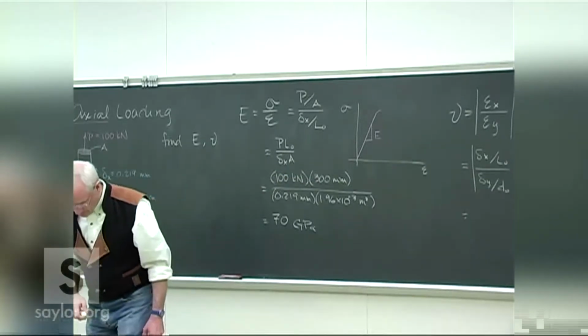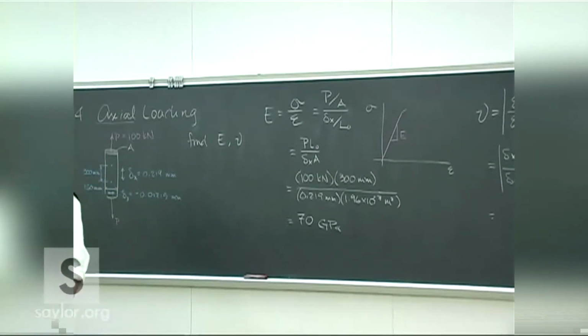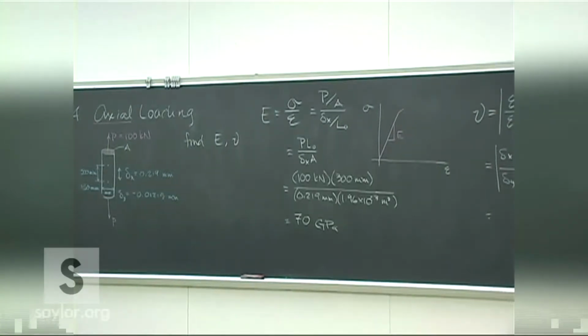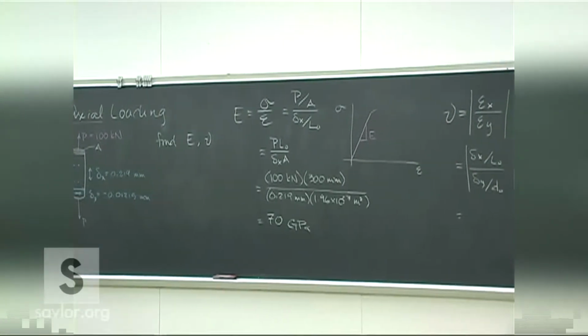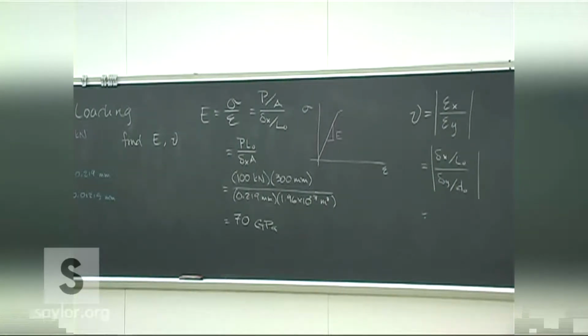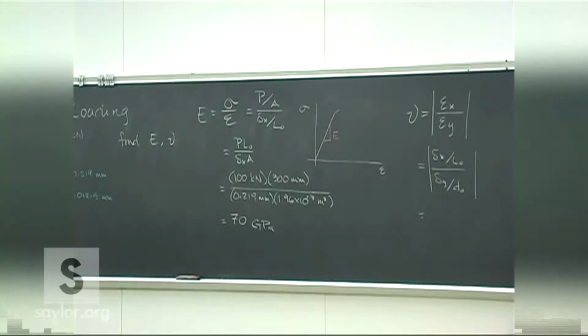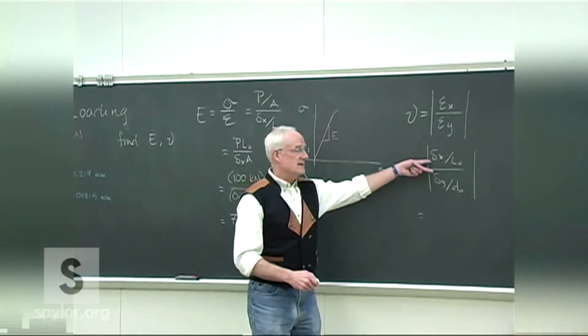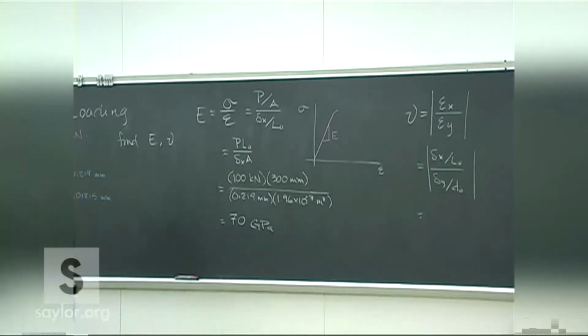So you can go through them real quick, get something like this. It should be unitless, because certainly the strains going into it are also unitless. You can put in percentages if you wish, it just has to be the same on the top and the bottom. You can't have one percentage and one not. And this number falls in a fairly typical range, which I believe I mentioned on Friday for Poisson's ratio.